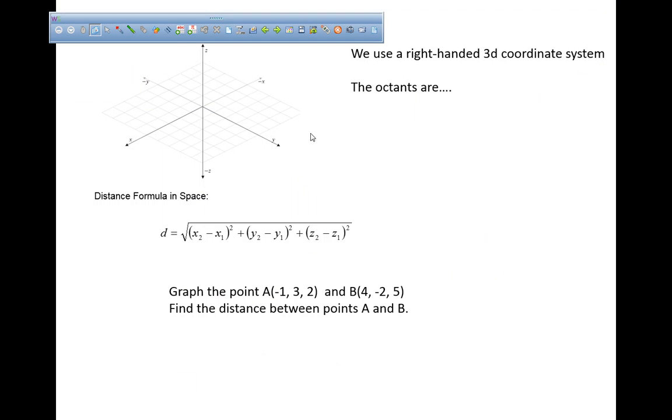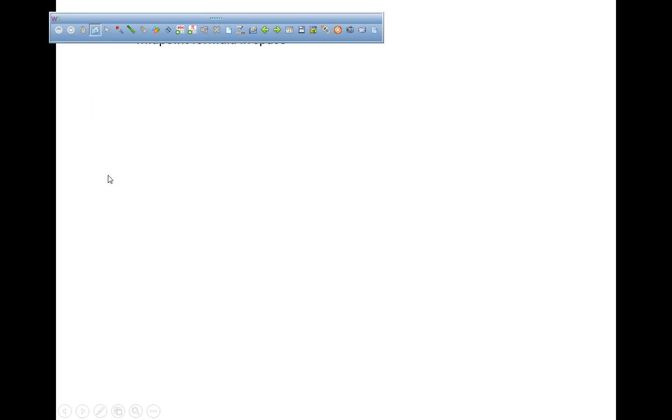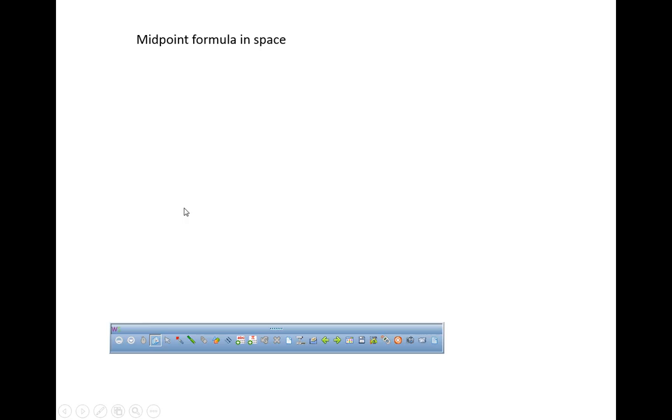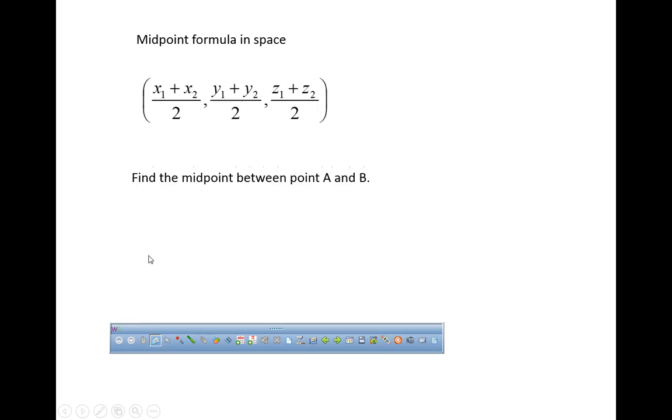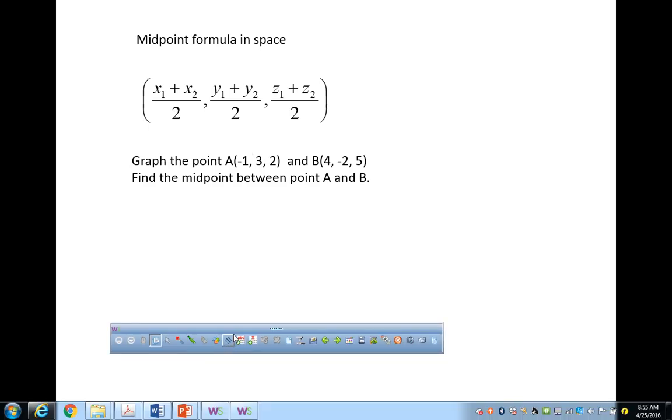Okay. Moving on to the next thing. The midpoint formula in space works the same way as the midpoint formula in 2 dimensions. You just take half of x, half of y, and half of z. So let's see if I can draw.